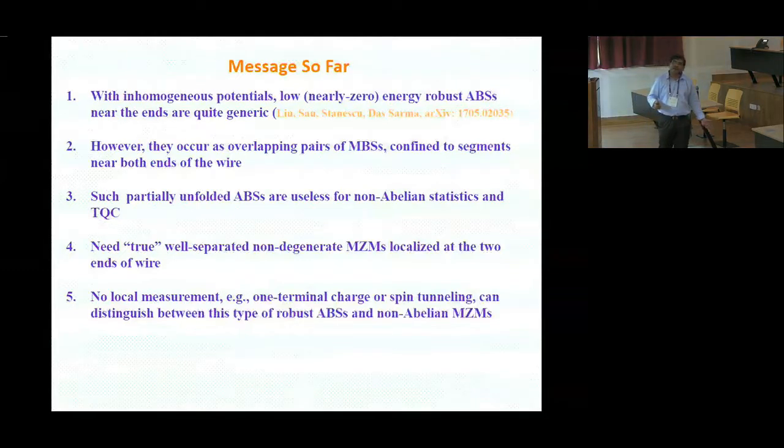The reason they are robust is because they occur as overlapping pairs of Majorana bound states, confined to segments near both ends of the wire, and they are useless for non-Abelian statistics, TQC and all that. So no local measurement, one-terminal charge or spin tunneling, or even two-terminal teleportation like experiment can differentiate between them.